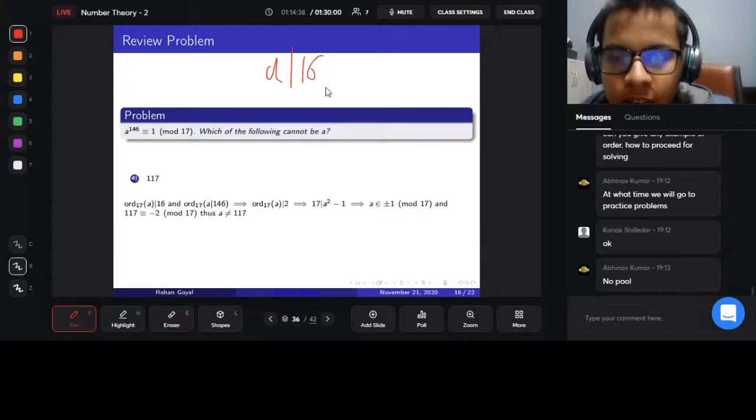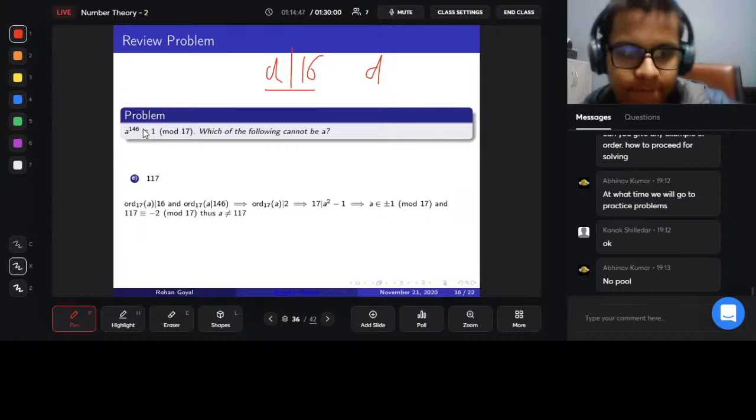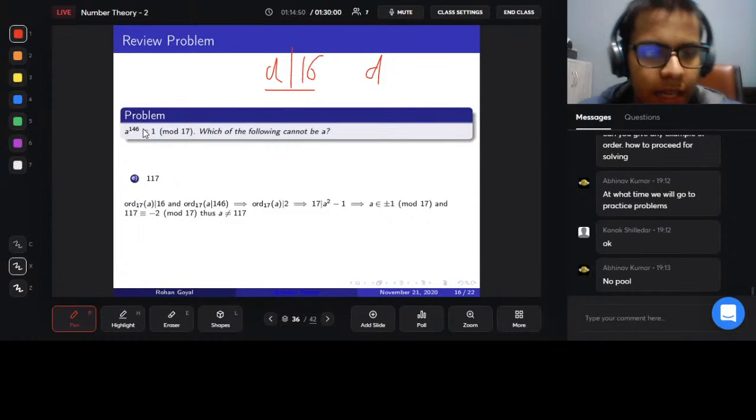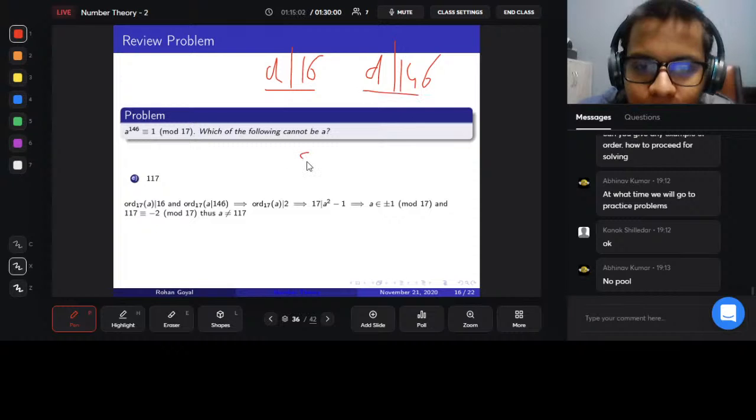So d divides 16. And also, because of our definition, A to the 146 is congruent to 1. So d divides 146. Sorry, my mouse just stopped working. If these two things are true, then d must divide 2.